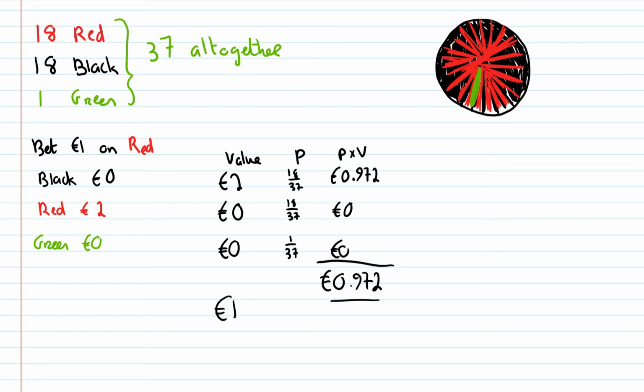So, likewise again, expected value: €2 if I get red, 0 if I get black, 0 if I get green. And again, if I bet on red, the expected value is 0.972, which is less than what I'm paying to play, so I should not bet on red either. What about green?